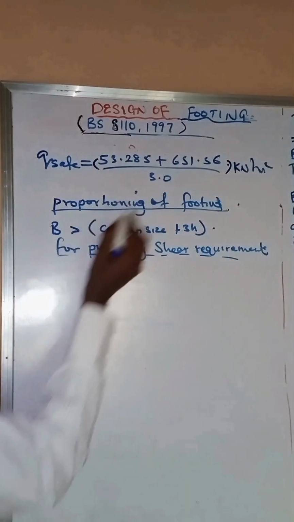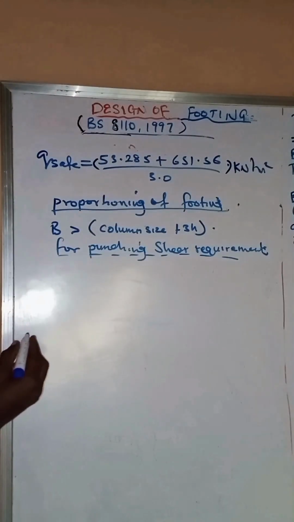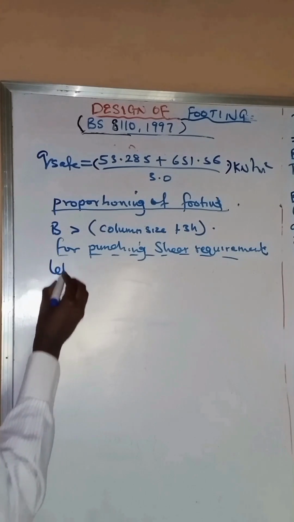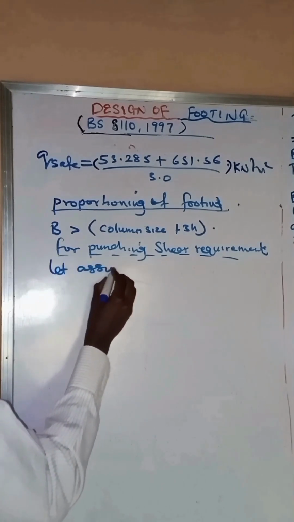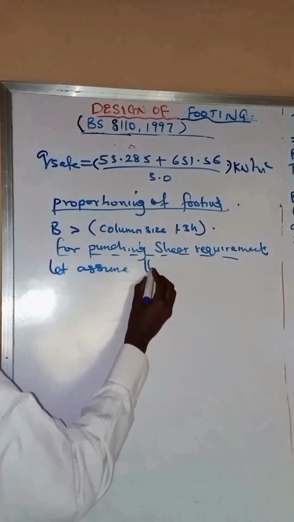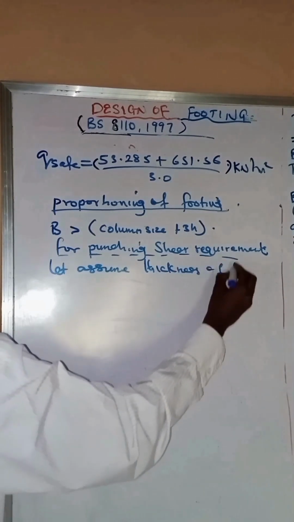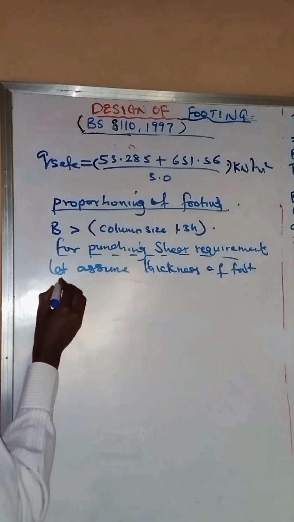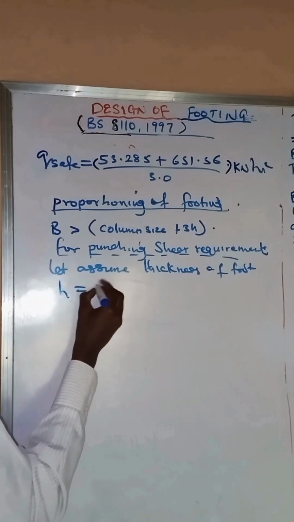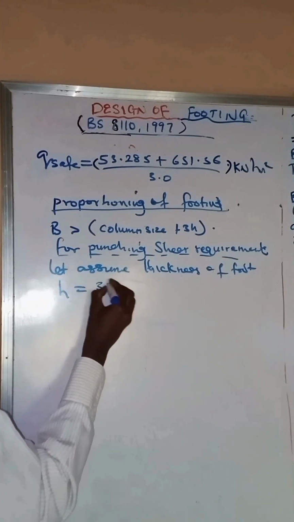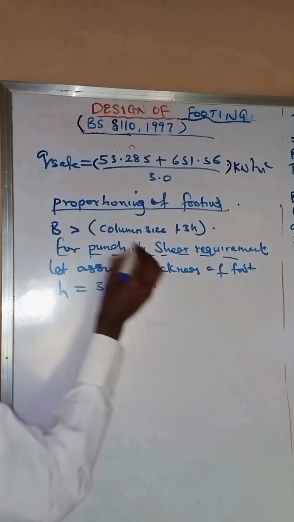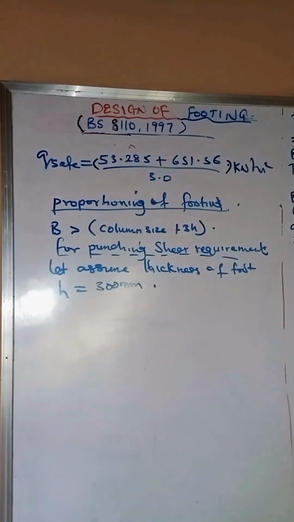So in this case of our design, let's assume the thickness of footing, h, to be equal to, let's try 300 millimeters.